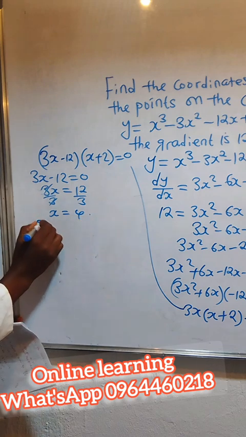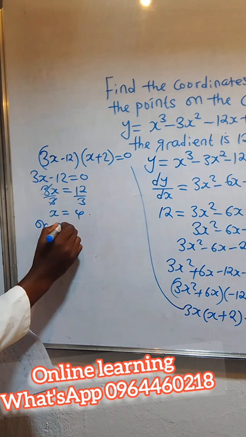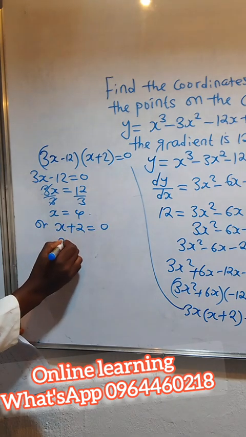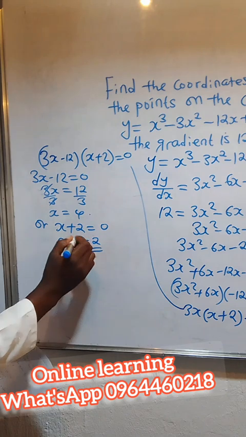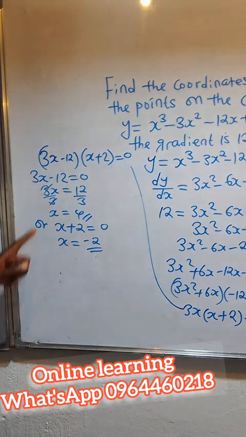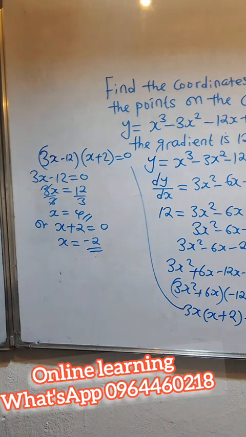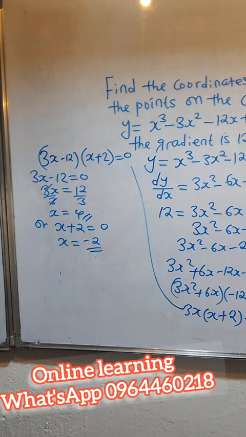Or also this one: x plus 2 equals 0, and then our x, take the 2 to the other side, is minus 2. So we have x equals 4 and x equals negative 2. Now from there, what you do is substitute each of these back into the equation.